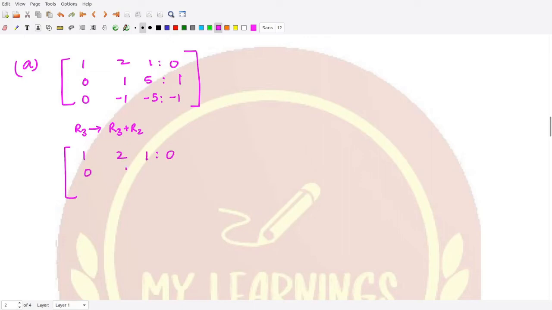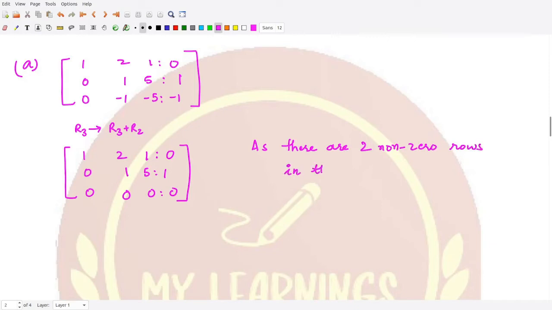It would be 0, 1, 5 and 1, and this is 0, this is 0, this is 0 and this is 0. So you see clearly we have 2 non-zero rows in the echelon form of the matrix.